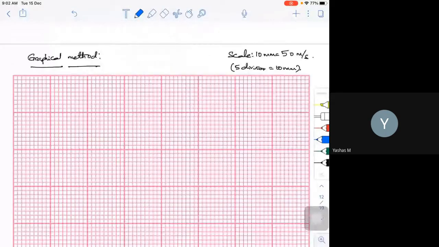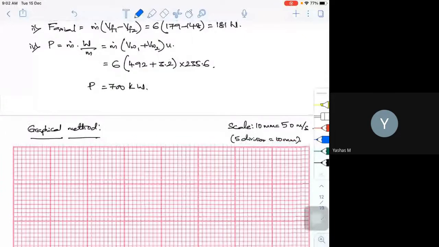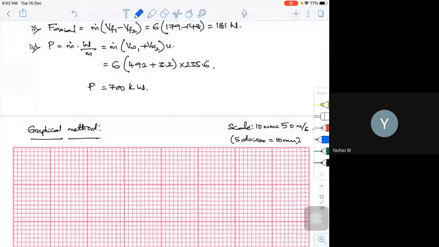What is the value of u? u is equal to 235.6. If I convert it, 235.6 divided by 50 is roughly 4.71 centimeters.